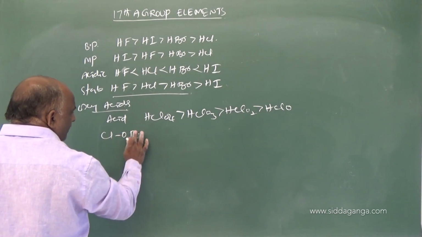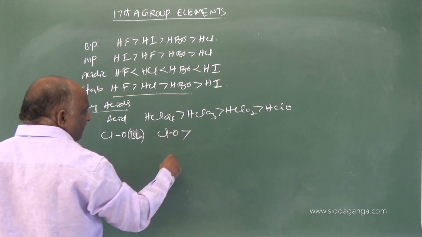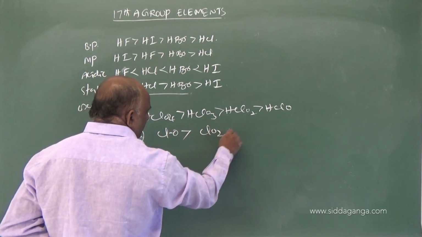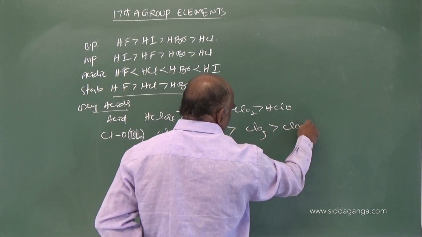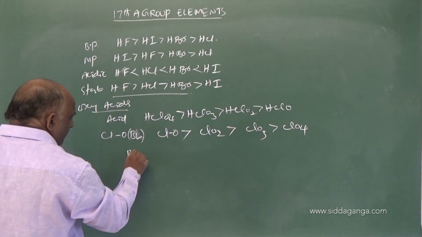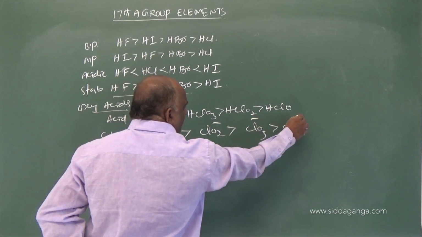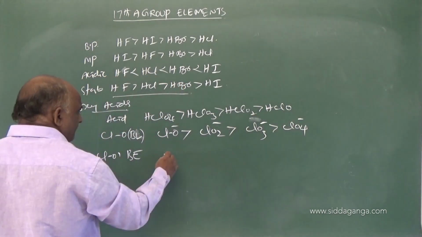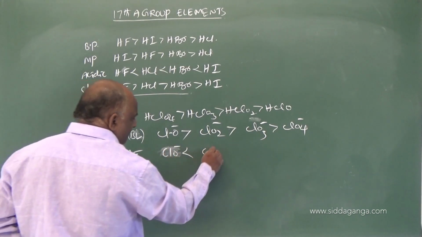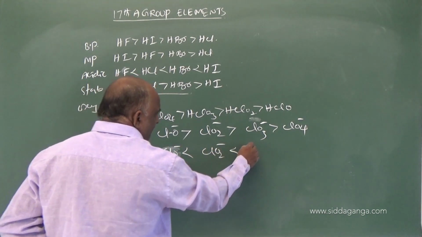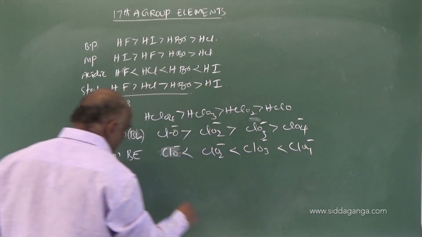Cl-O bond length: ClO minus, ClO2 minus, ClO3 minus, ClO4 minus. And bond energy: ClO minus, ClO2 minus, ClO3 minus, ClO4 minus.